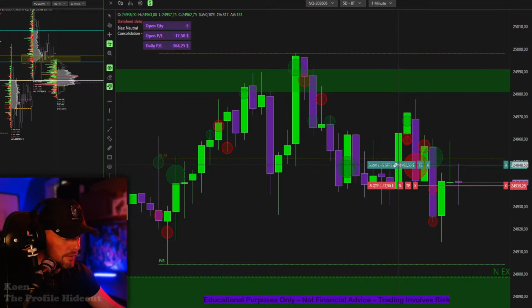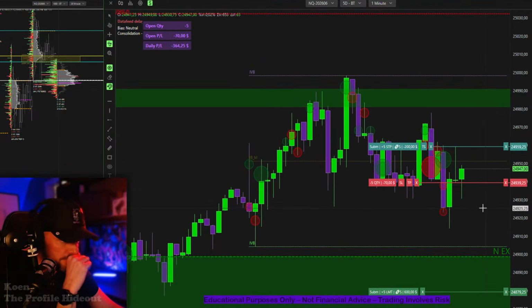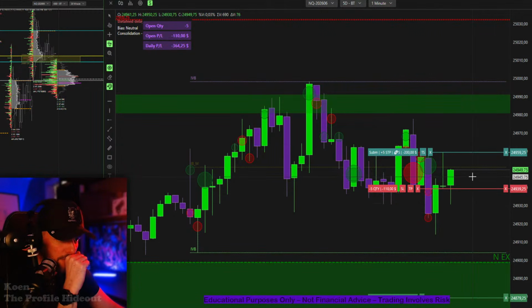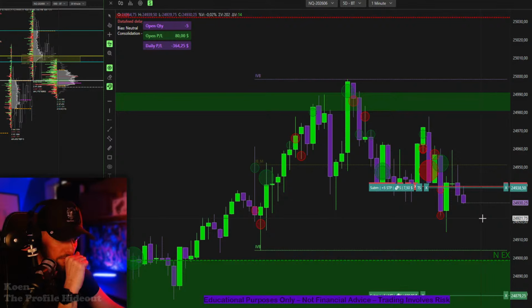Right there. Doing the opposite here from my entry model. Weak to low, I'm break even. Don't even want to be in a position if it goes up again.